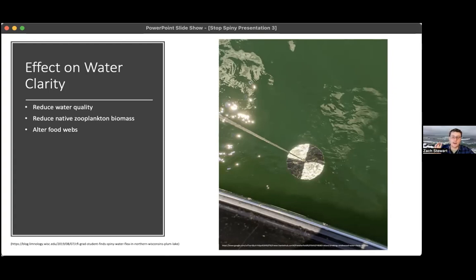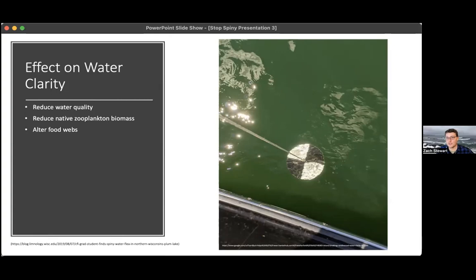Then we've got a whole community of native zooplankton, which could be compared to the bison that feed on that grass. They're grazers, eating the phytoplankton in our lakes and keeping that food web roughly in balance, which is important for water quality as well as the ecology of the food web.